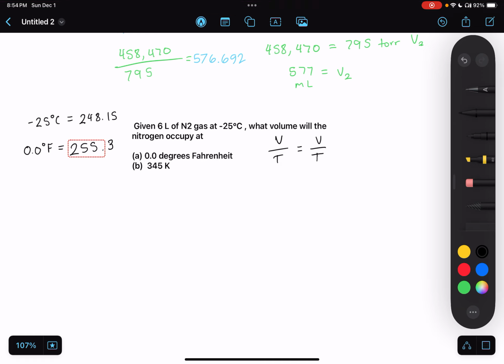Okay, and then 345 Kelvin. That's easy. That's just 345 Kelvin.